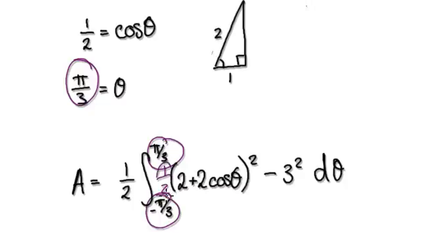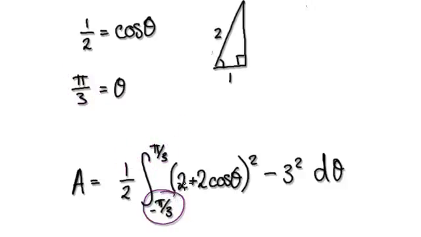By the way, earlier we had a half here, but it's a constant, so we can take it out. We would integrate from negative pi over 3 to pi over 3.